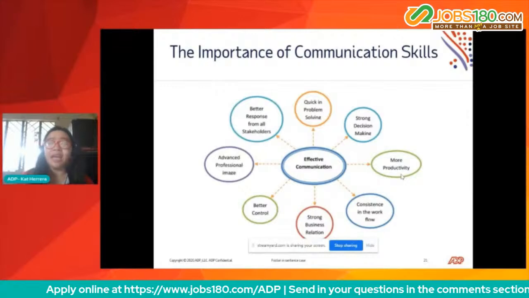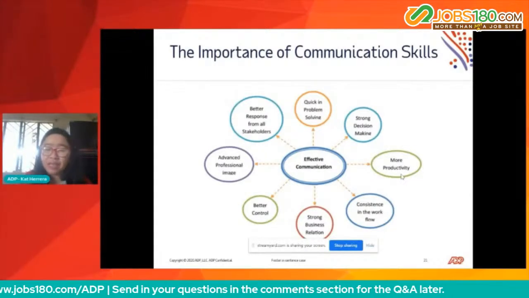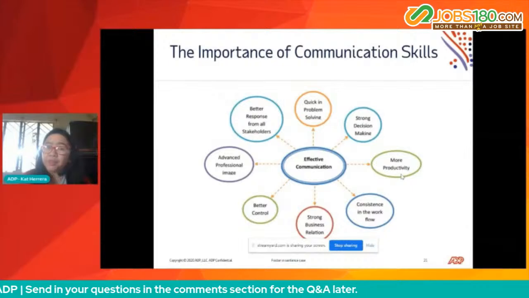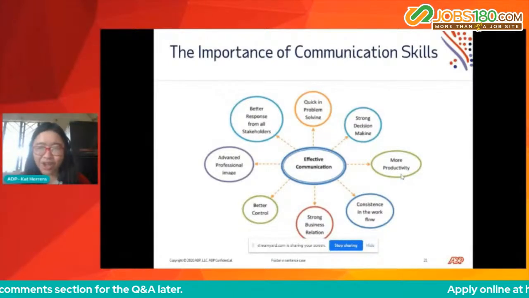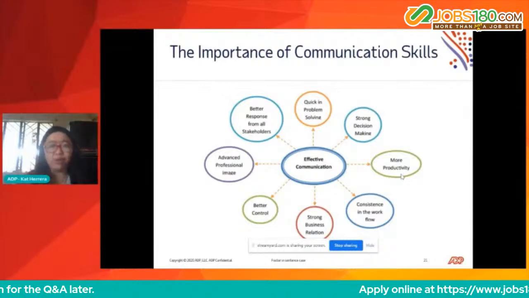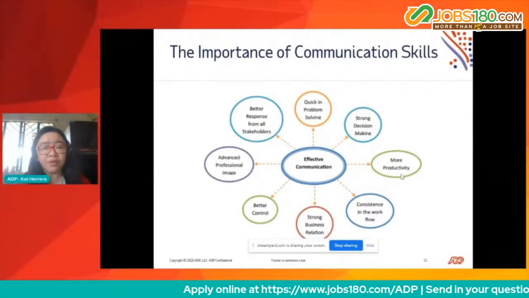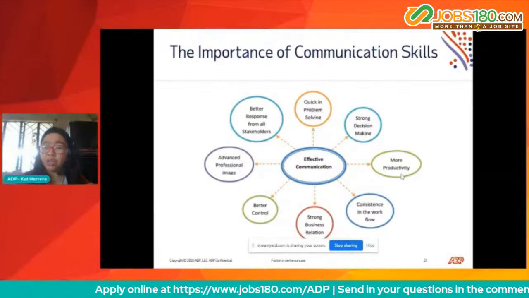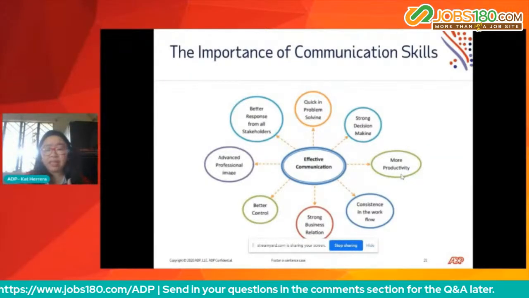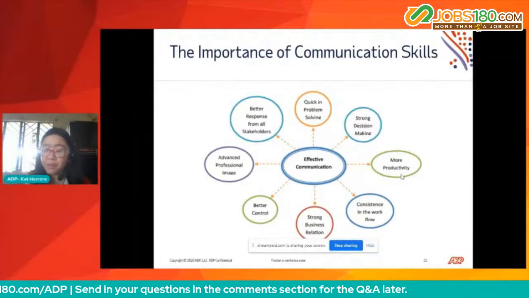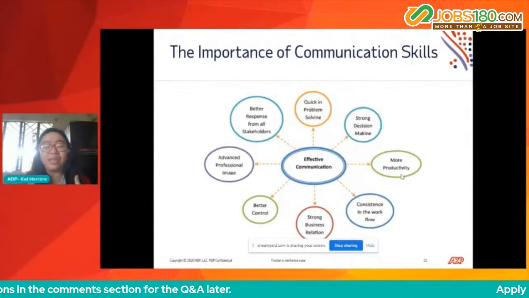Yes, because if you again lack in this department, then definitely you would have problems with other metrics such as average handling time when taking in calls, right? And first call resolution, quality, especially customer satisfaction. We're very big on that in the BPO or KPO industry. You also would display consistency in the workflow. If you have great communication skills, you would definitely build strong relationships.